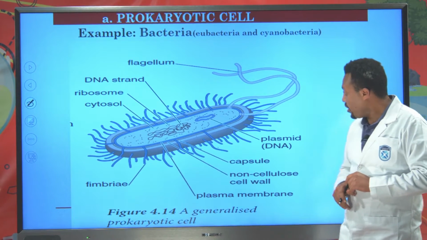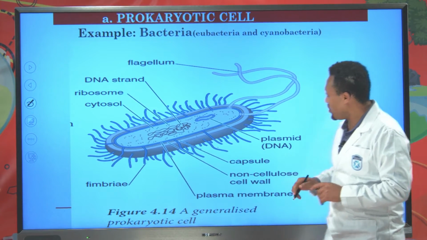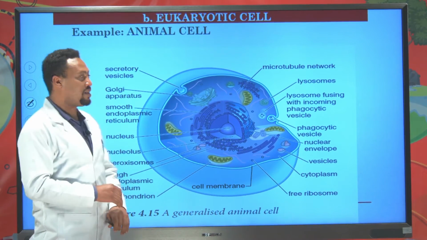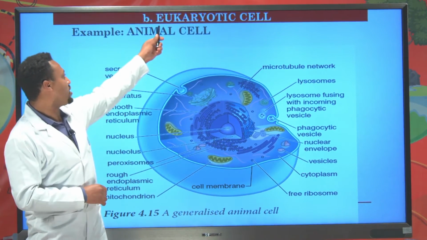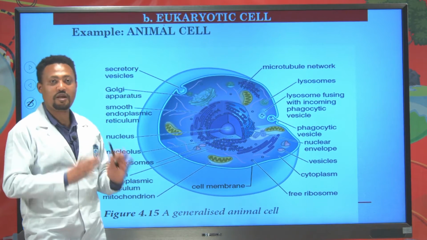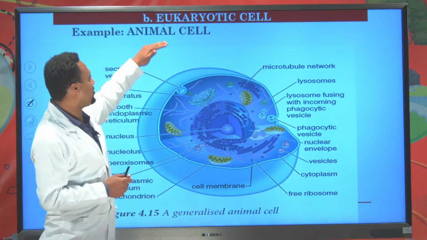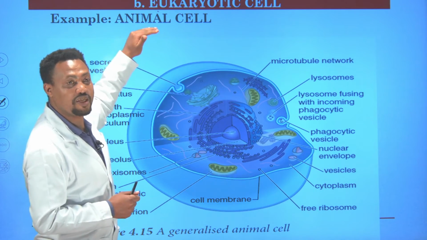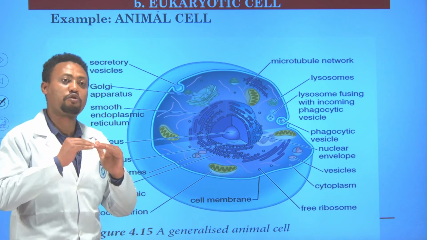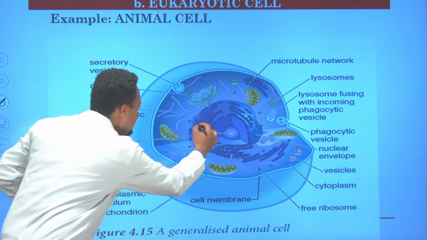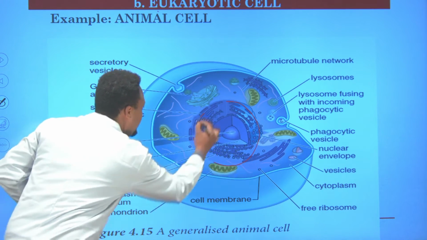The second kind of cells we see here are the eukaryotic cells. Eukaryotic cells, as you see, EU means true. Okay? So when you say eukaryotic cells, it means they are the true cells with a nucleus. So they have a true nucleus, a nucleus with a membrane. It is bounded by a nuclear membrane.